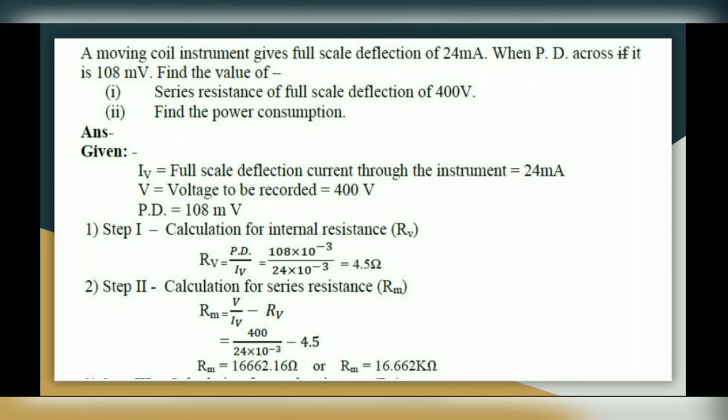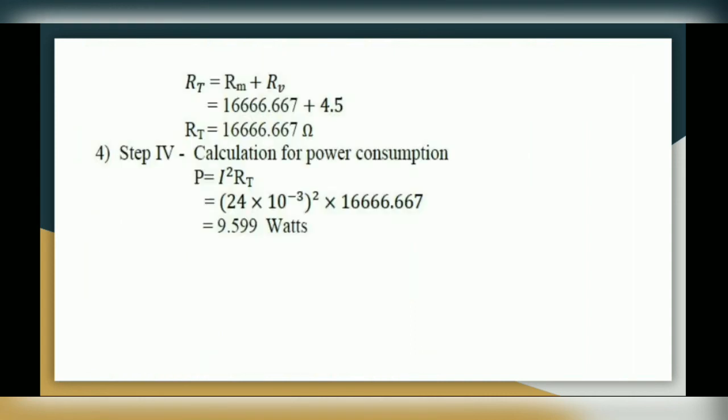Next you have to calculate the power consumption. For that purpose you have to first calculate the value of total resistance. As you know, the multiplier resistance is connected in series with the voltmeter. So the resistances are Rv for the voltmeter and Rm for the series resistance.